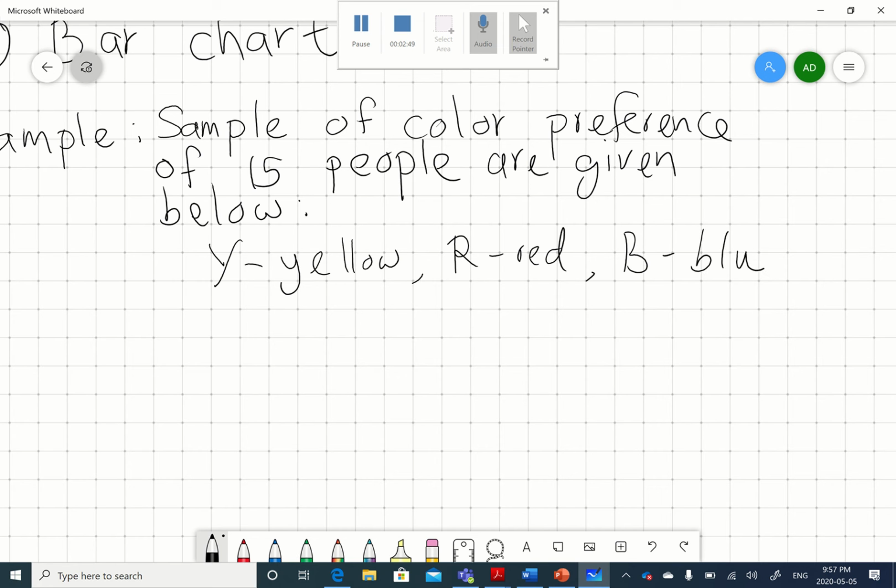These are the three color choices you have. Which one would you like the most? Then everybody's going to respond with one of these three color choices. So your data set is going to look something like this.